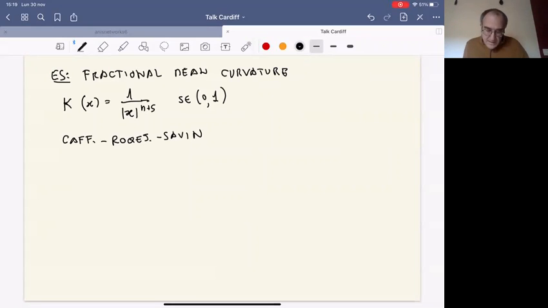So in this case, as you see, the kernel is not in L1. That's why I asked for something more general.